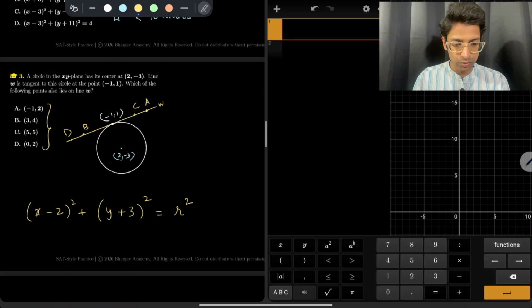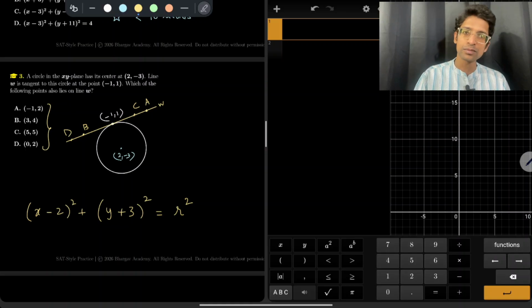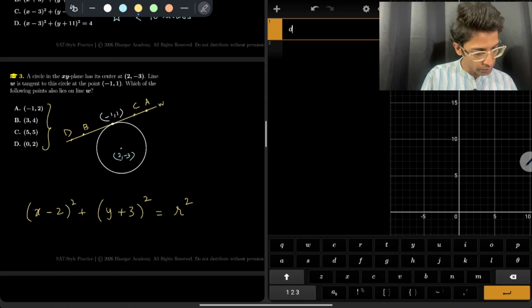But he has given you one point which is lying on the circle, (-1, 1), and the center is (2, -3). So we can find the distance between these 2 points, which is the radius. So let's find the distance between these 2 points using the function distance.